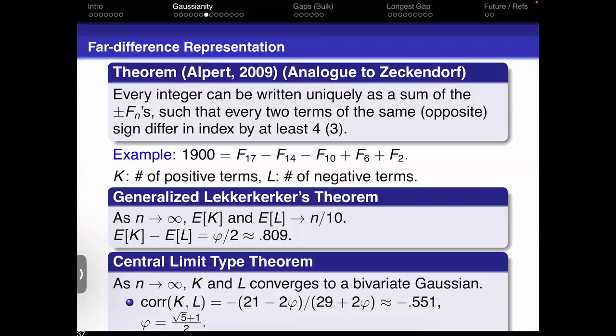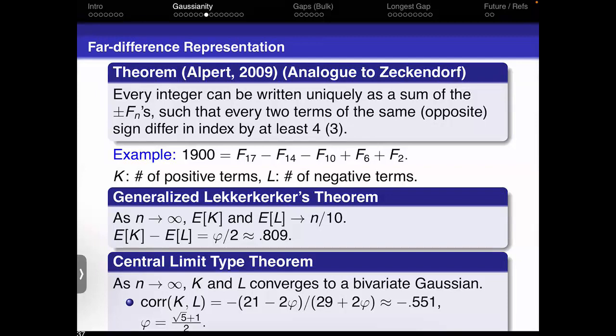And so this is an interesting theorem. You can ask, of course, does this generalize? And then you can ask, well, what about on average, how many summands do you have? And now, when you ask about how many summands you have, there's a couple of ways you could answer this. You could ask about how many positive summands do you have, how many negative summands do you have, and how many summands do you have total? Or maybe the difference between positive and negative summands.